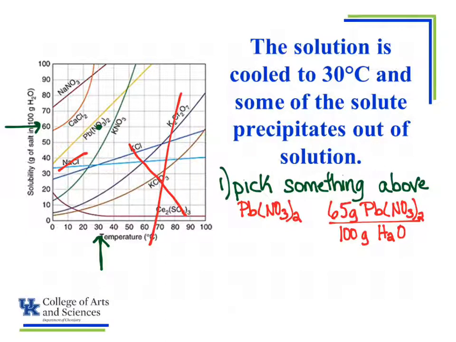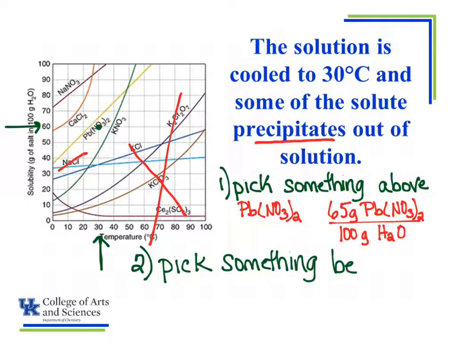But this conflicts with the question, because it says some of the solute precipitates, meaning the solid comes out of solution. So it cannot be Pb(NO3)2, because 60 grams in 100 grams of water would all dissolve. That means we can also eliminate anything else above it, so the CaCl2 and NaNO3.